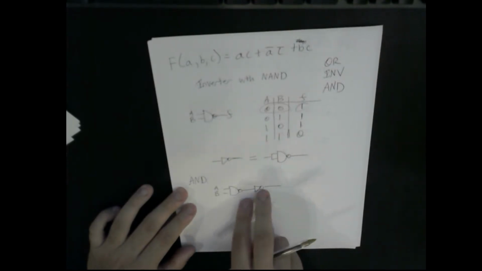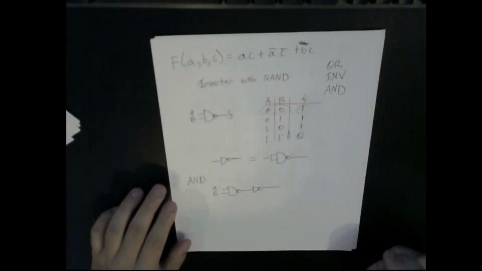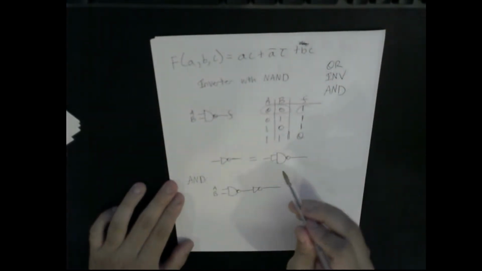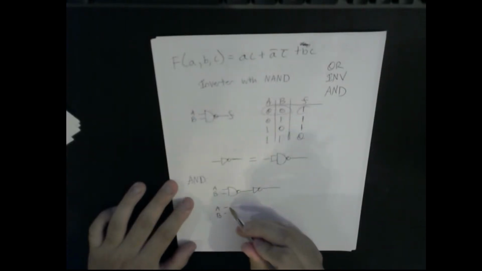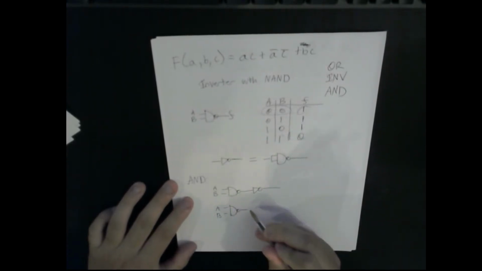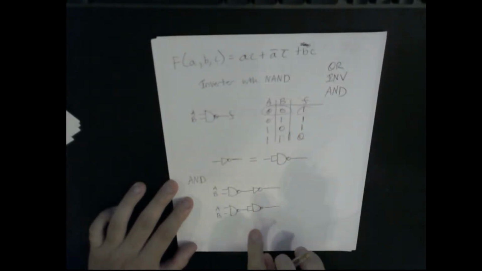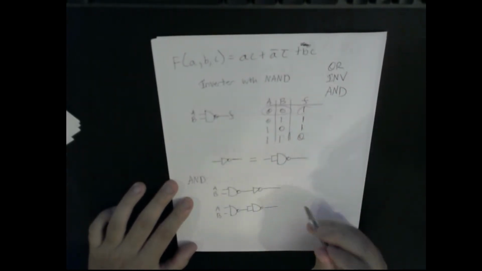That's the double inversion, and it's like it never happened. It goes away. That's one of those Boolean identities. Now we know how to make this inverter using NAND gates. How we make an AND using nothing but NANDs is just this: we have our NAND gate, and then we tie both of these together like this. So this is the same as an AND.